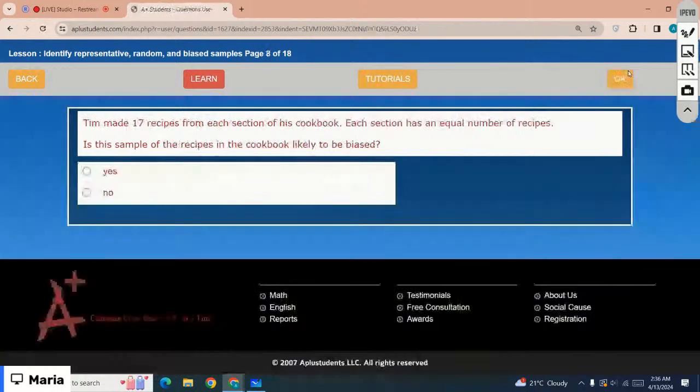Tim made 17 recipes from each section of his cookbook. Each section has an equal number of recipes. Is that sample of the recipes in the cookbook likely to be biased? Which is the correct option?